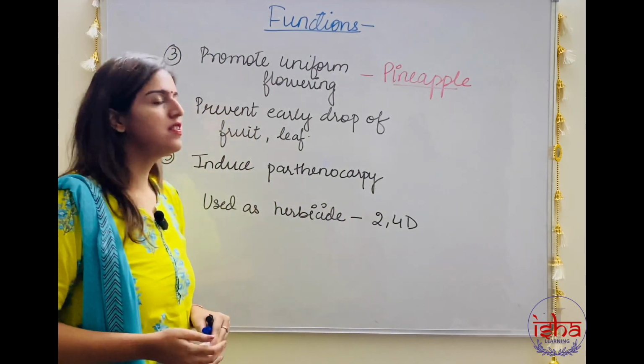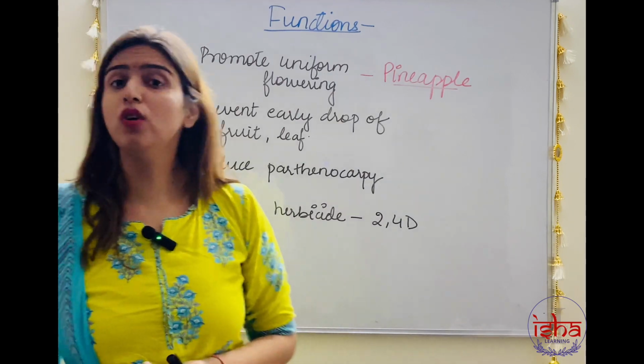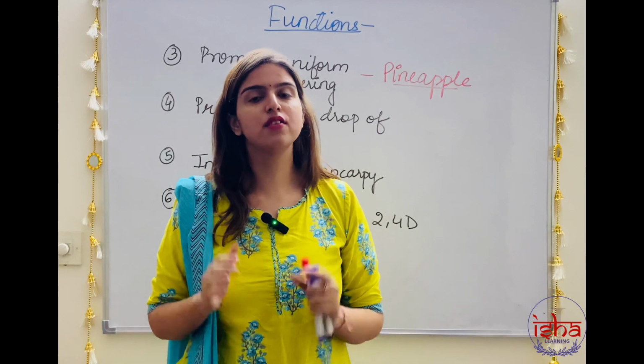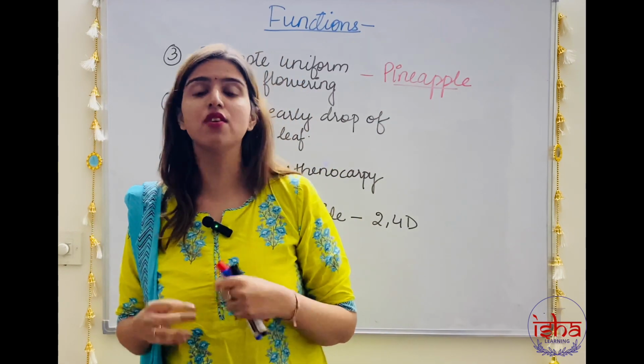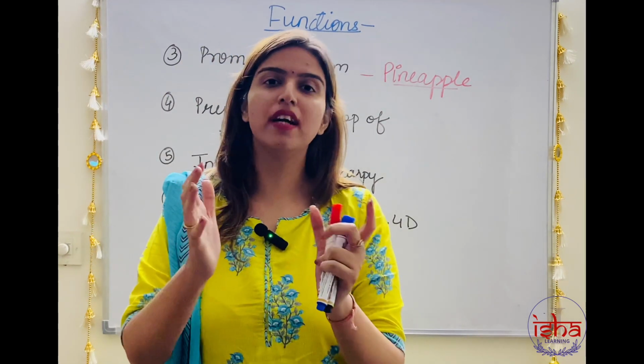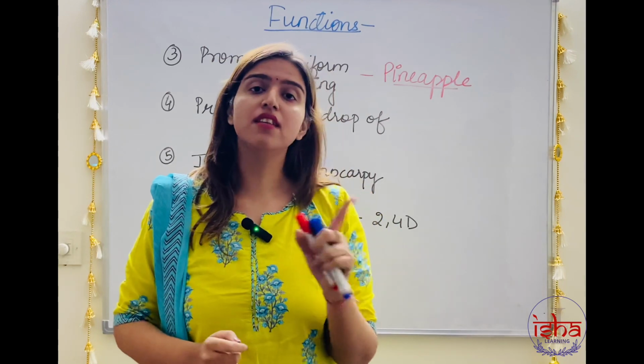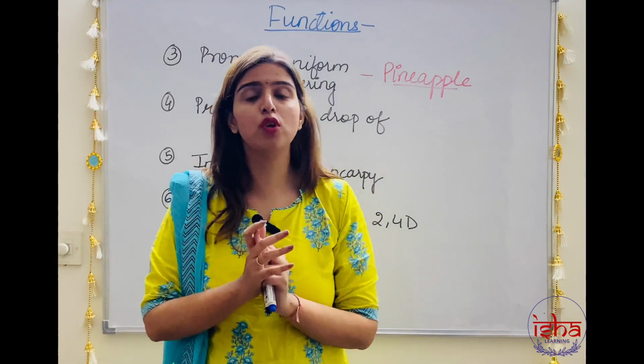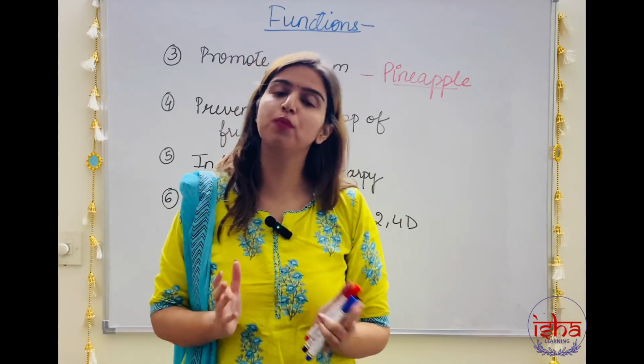Another feature is that it induces parthenocarpy. Well, what is parthenocarpy? Parthenocarpy is the formation of seedless fruit. So, a fruit that does not have seed. Seed is the product of fertilization. So, we want to form a fruit without the fertilization process.